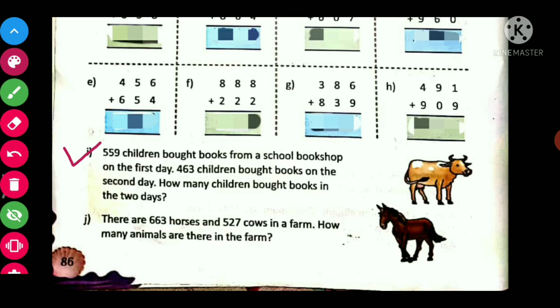So this much of children bought books on the first day, and this much of students bought books on the second day. And here it is asking about how many children bought books in the 2 days. Okay, together if we add the 2 days together, how many children are there? Okay, so here we'll do addition, right? So let's see what will be the answer.